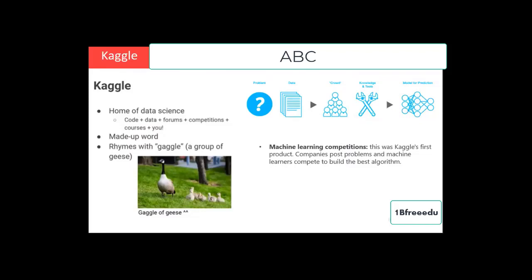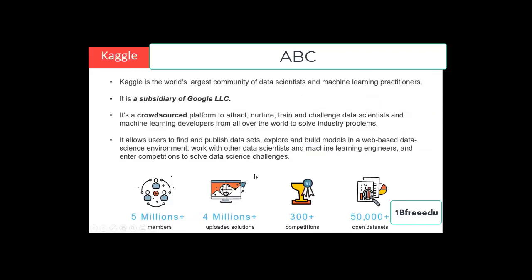So competition was Kaggle's first product. Companies post problems and machine learners compete to build the best algorithm. Right now, it is the world's largest community of data scientists and machine learning practitioners. It started as a small company in Australia. It has been taken over by Google.